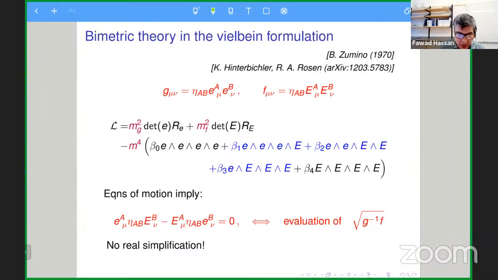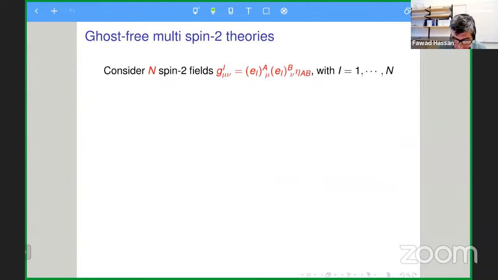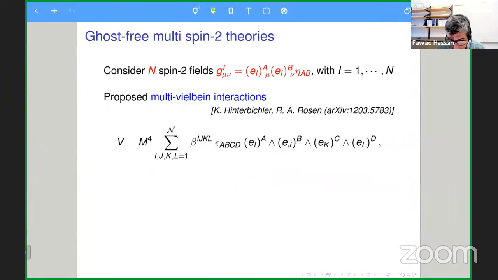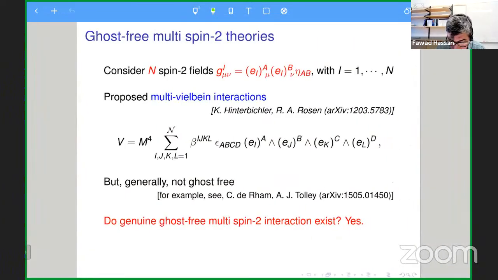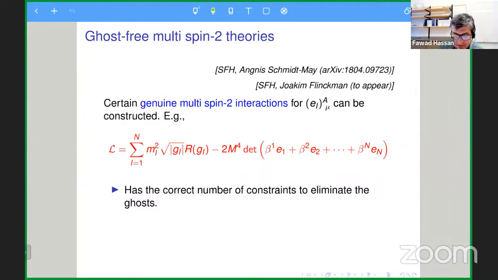So then it was not clear if theories with more than 2 spin 2 fields, which are ghost-free, exist or not. However, now we know that there is at least one such theory which is ghost-free, and that has this very simple structure.